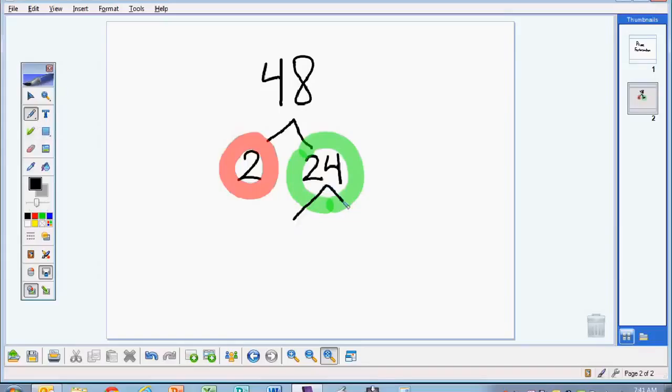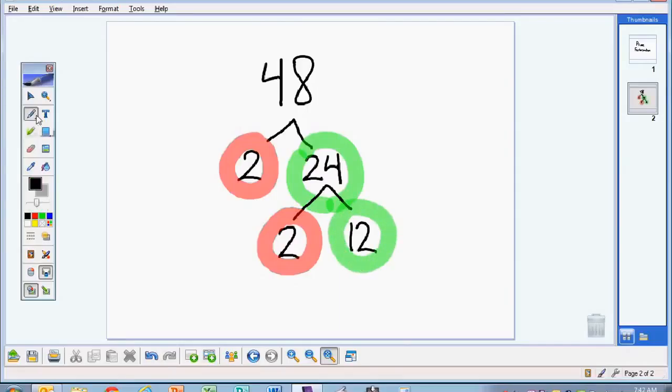I'm going to split up 24, again with a factor pair that will multiply to equal 24. I'm going to stick with my theme of 2, and 12. Again, I'm analyzing. 2 is prime, so it will stop there, and 12 is composite, so it will continue.